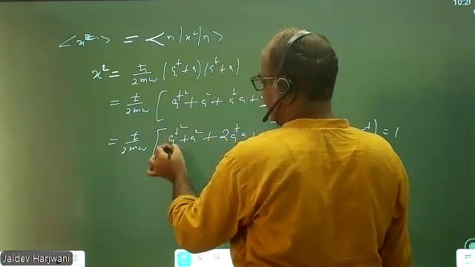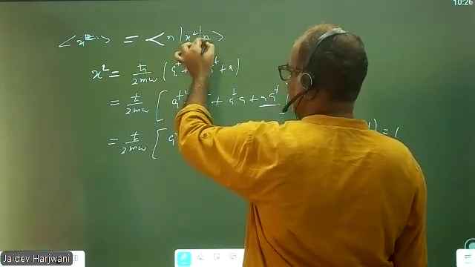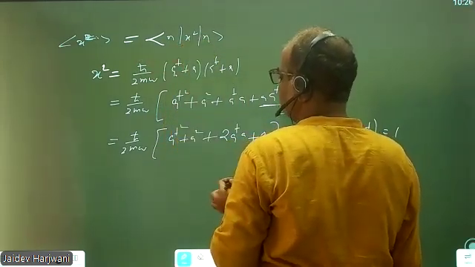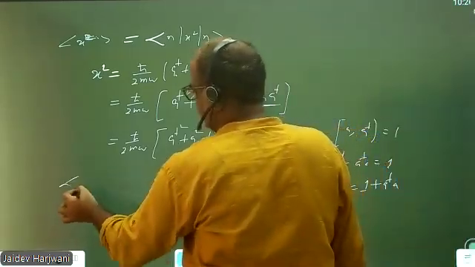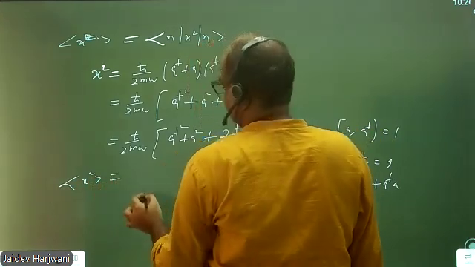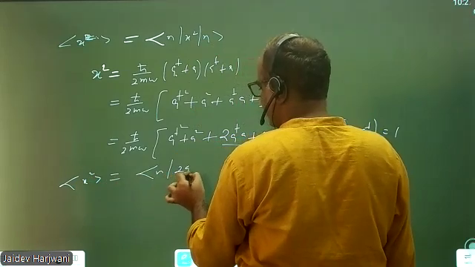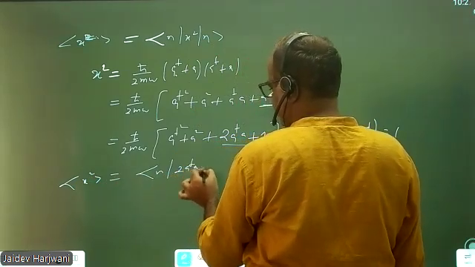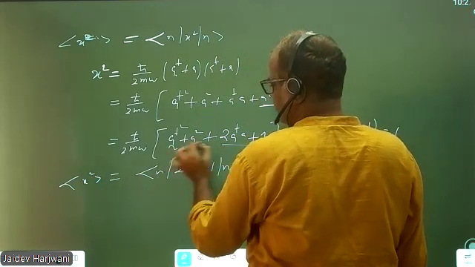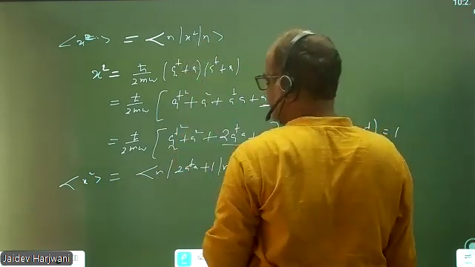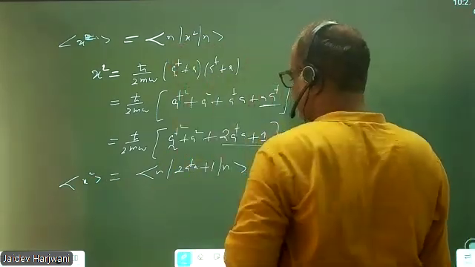So now just calculate the values. So when this operates on n, this will change the n indices. So this value will be 0, this will be 0. Only we have to operate in order to calculate x square. We need to operate 2 a dagger a, this is a number operator, plus 1 on n, because when you operate this one, this will change the n. Similarly, this will also change the n. So overall, this will become 0.